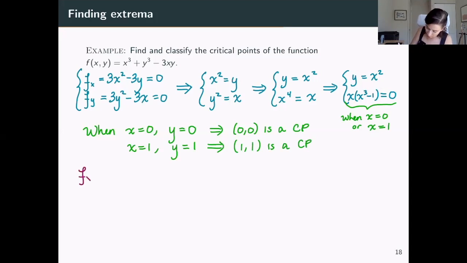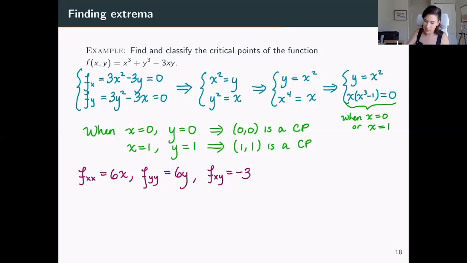We have that our second order partial with respect to x is going to be equal to 6x. Our second order partial with respect to y will be equal to 6y. And our partial fxy will be equal to -3, taking the derivative of this expression with respect to y.